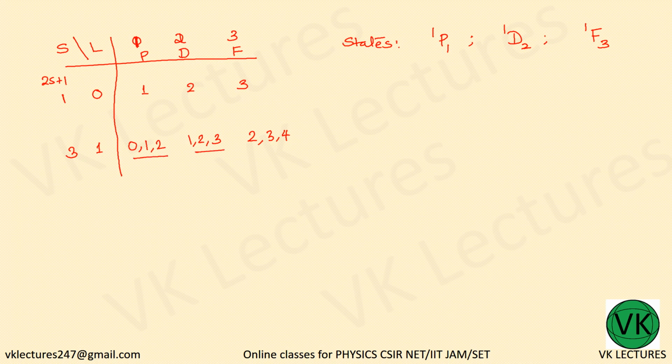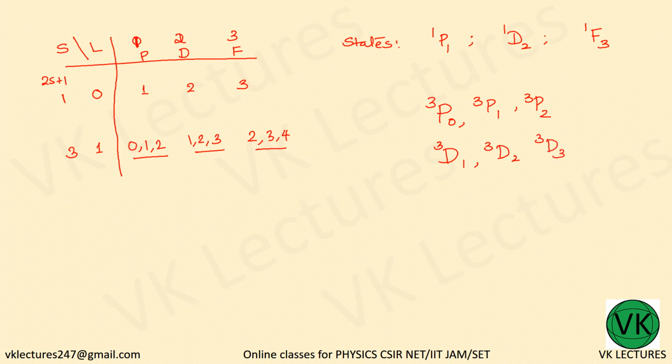Now coming to the triplet states, you will have 3 values of states. See, you have 3 values for each state. So starting with P, it is a triplet state. You have 3P0, 3P1 and 3P2. Similarly for D, it is a triplet state, 3D1, 3D2 and 3D3.